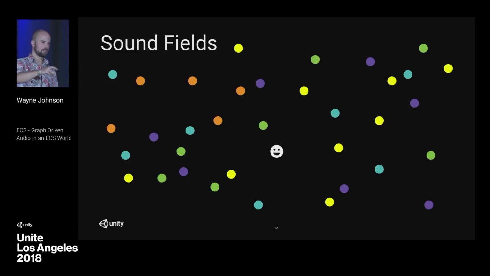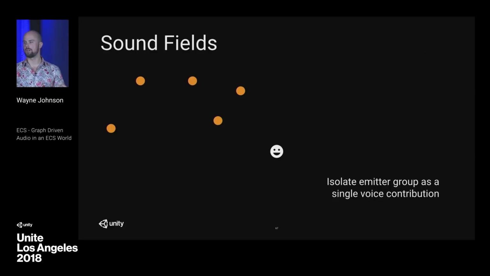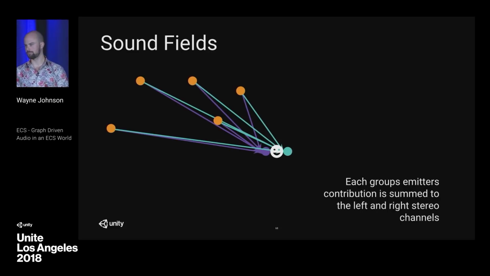In this graphic, you can see the different colors denote these different groups. So you assign an ID to these groups and then isolate them. You isolate a group into one single voice playback, and pare that down into a single panned emitter.